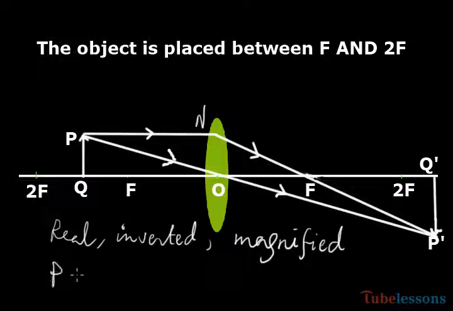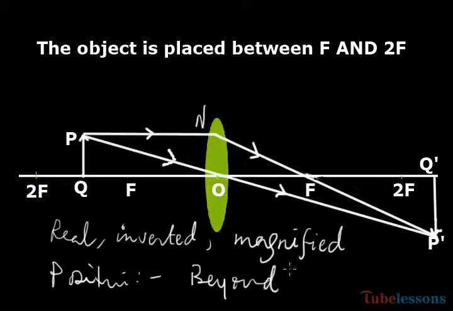Position of the image: beyond 2F, that is beyond the center of curvature. So when the object is nearer to the lens, then the image will be at a greater distance from the lens, and the nearer the object, the farther the image, and the size of the image will be greater. So this is the fifth case.